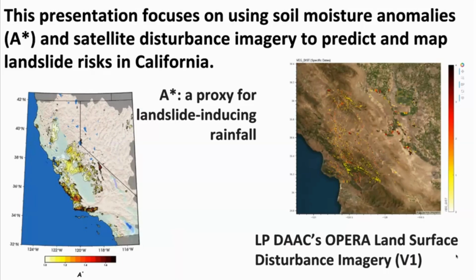This is LPDAC, the Land Processes Distributed Active Archive Center. It's a partnership between the USGS and NASA, and it's a component of NASA's Earth Observing System Data and Information System. Then there's OPERA, the Observational Products for End Users for Remote Sensing Analysis. For this project, I was using OPERA's Land Surface Disturbance Alert version 1 data product. Next slide, please.